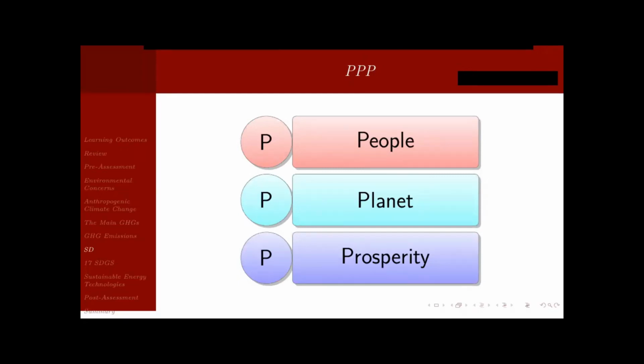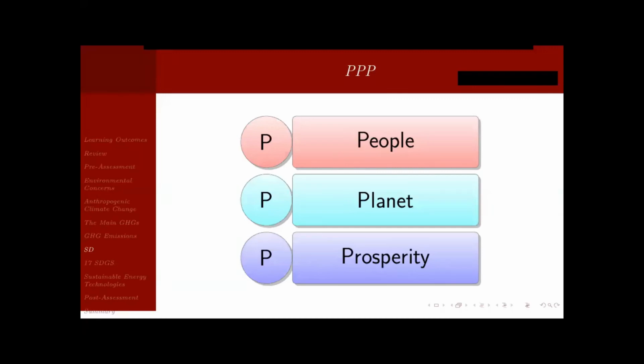You will do economic activities to become prosperous. Of course you need profit, that's inherently there. So this is the PPP model, the three pillars of sustainability, which all of you as engineers should uphold in your future career.